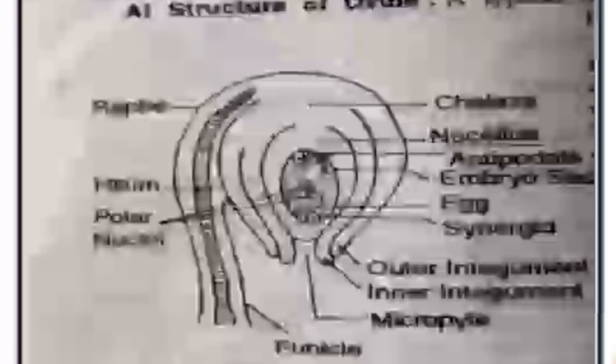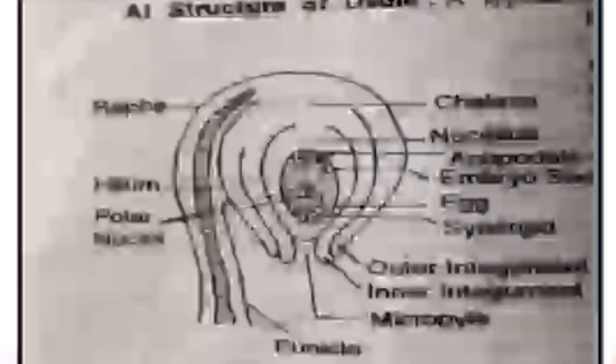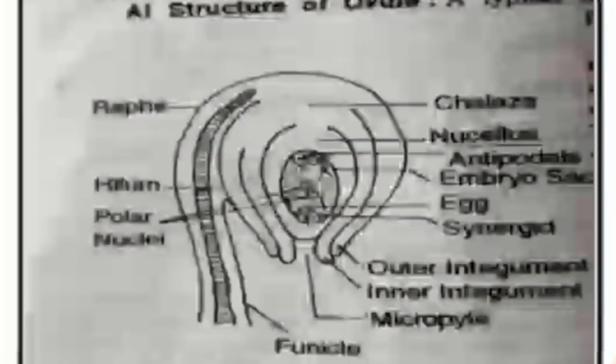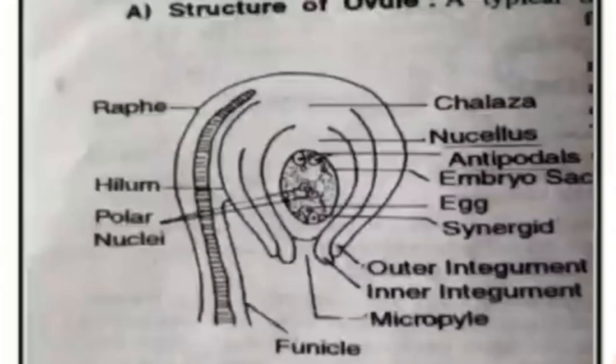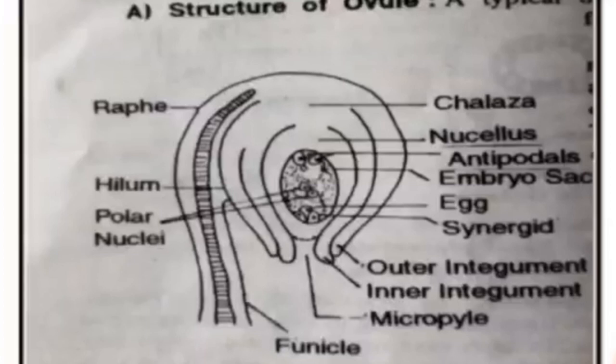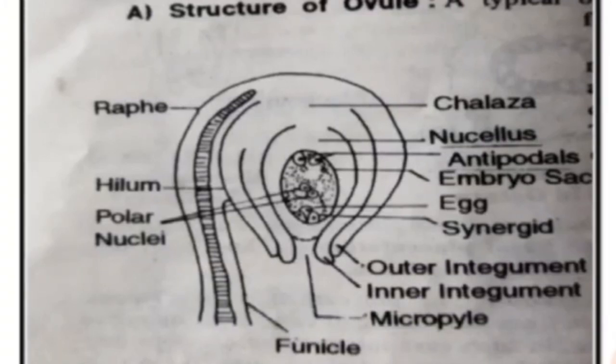Means the chalaza is the base of the ovule from where the integuments are produced. Then next is the nucellus. The nucellus is the main body of the ovule, consisting of thin-walled parenchymatous cells, in which the embryo sac is present at the upper end.